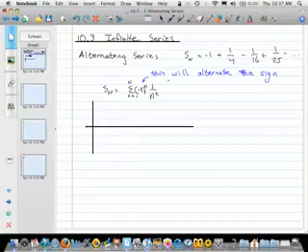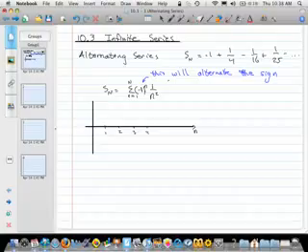So if we plot it, I'll make this n equals 1, 2, 3, 4, in an alternating series. So this is sort of like an n-axis. For this one, for example, if I make this down here -1, then this is +1.